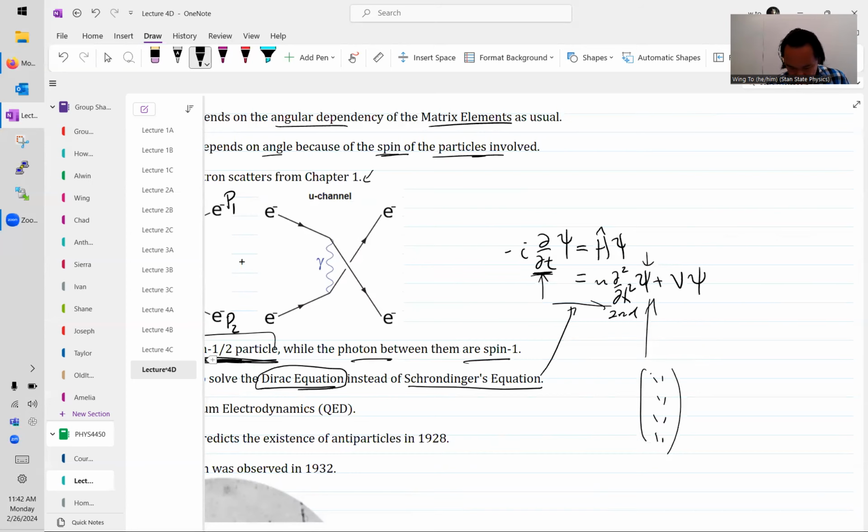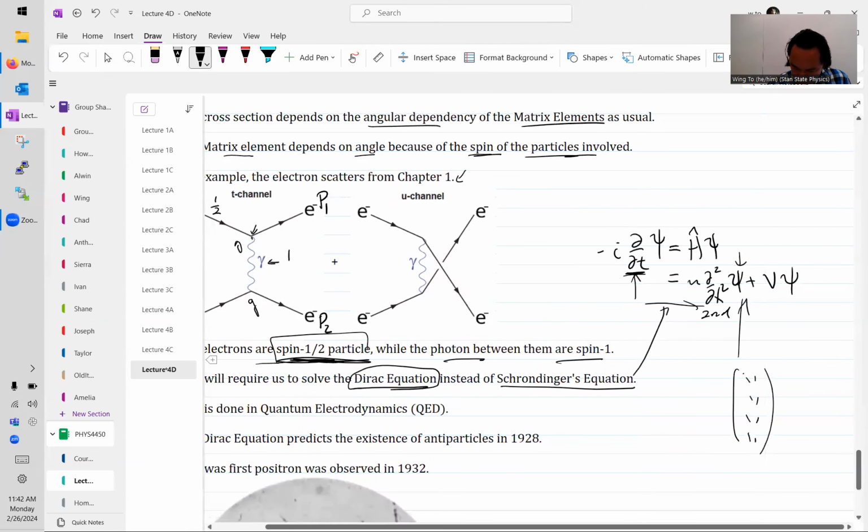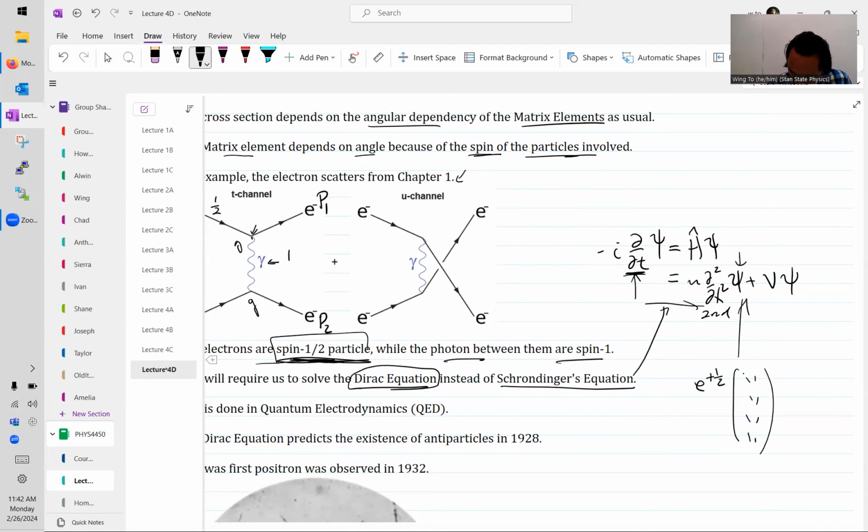This is going to allow us to make a spin plus electron. Let's write them out correctly: S equals 1/2 electron, and then the next one will be a spin minus electron.